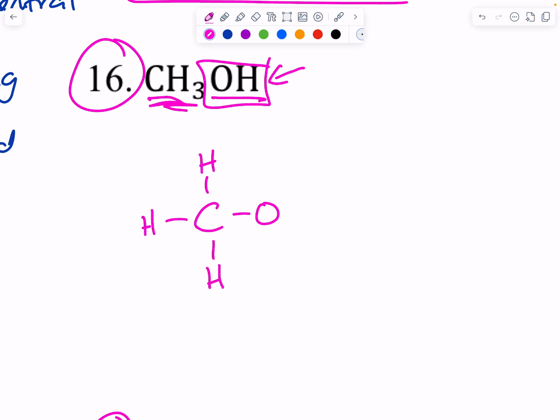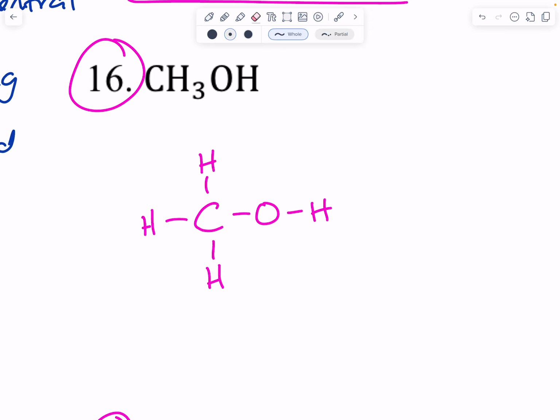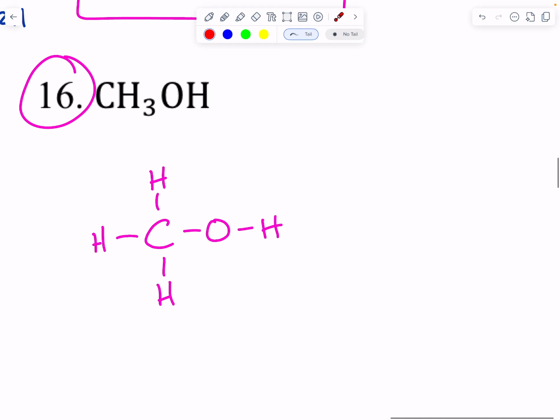My last hydrogen will actually be connected to the O. Does that make sense? So the formula will most of the time help you in placing the atoms. Remember, I cannot have more than 4 bonds on carbon, so I was not able to put this hydrogen also attached. It just would not make any sense. OH is a compound, and this is the basic structural formula of my compound so far.